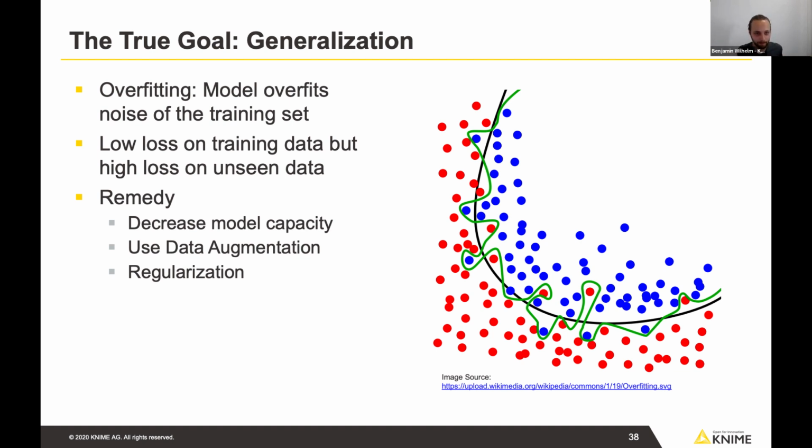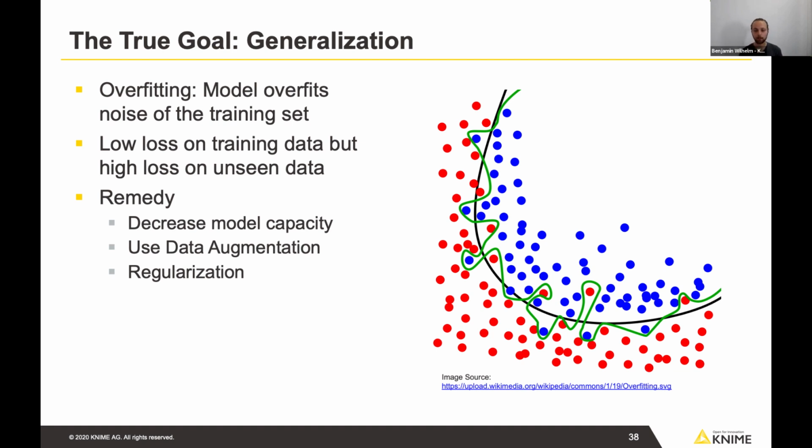Okay, but now that we train our network, our true goal, of course, is to generalize the network on the task. That's sadly not always what's happening, because sometimes the model overfits to some noise in the training data. You can see this happening with the green line here in the image.